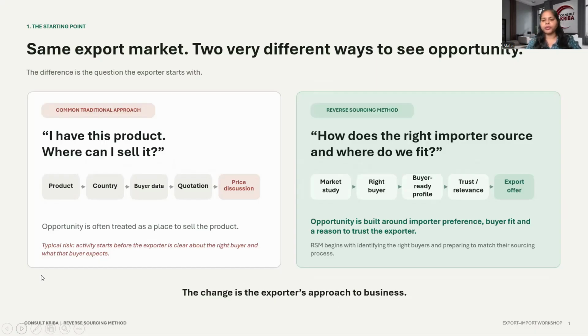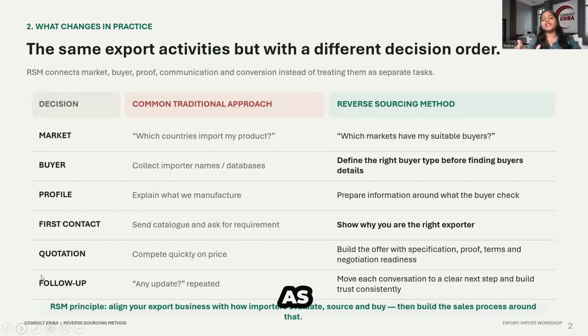There are different activities you have to do as an exporter on a day-to-day basis. You have to understand the market requirements, know the buyer psychology, be prepared with the compliances needed for the market, and know exactly what communication to have with the importers and how to follow up professionally and close the order.